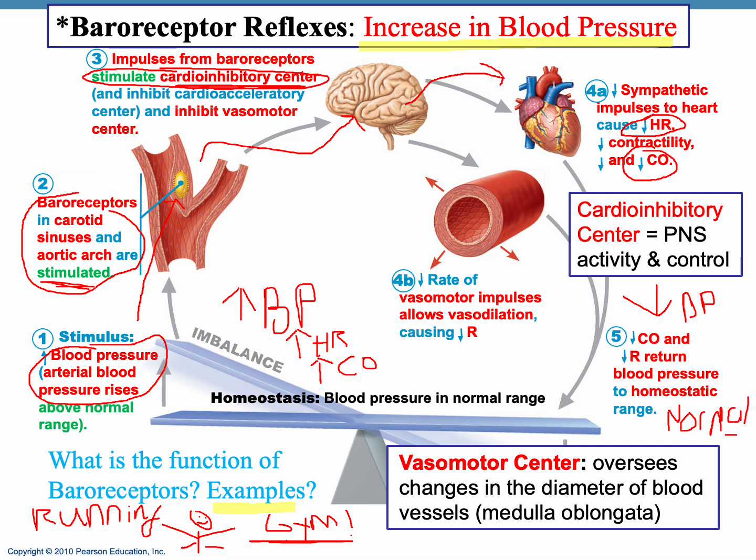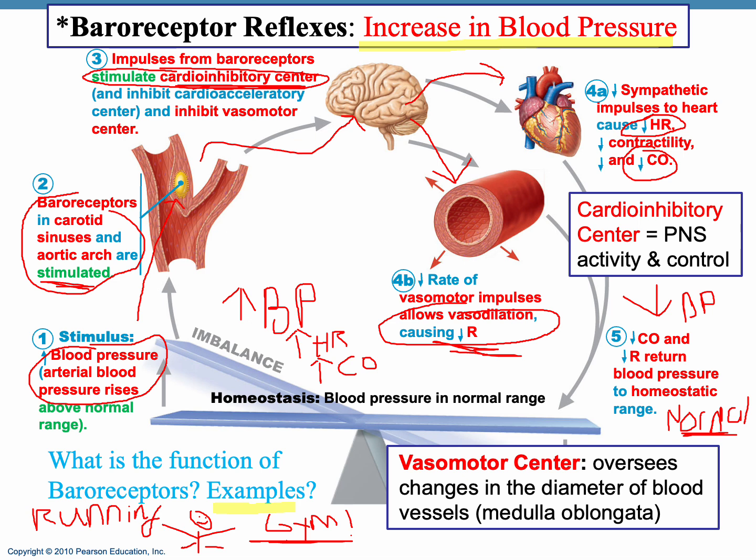Eventually, your blood pressure gets back to normal. What also can play a role is messages from the brain can also go to various blood vessels, and this ultimately can lead to vasodilation of the blood vessels, and this leads to overall decrease in resistance. R here refers to resistance. So those are two big things that happen here.